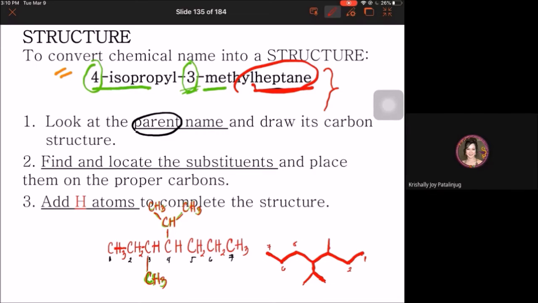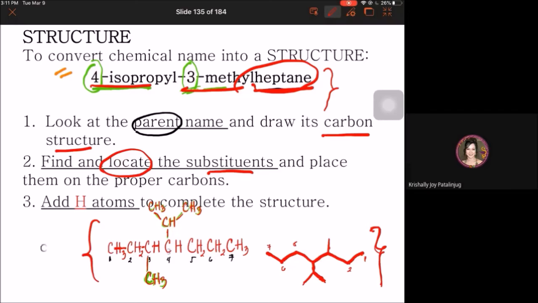Kung pila ka carbon atoms sa mismong chain sa parent, from that carbon skeleton, ilocate nimo ang mga substituents, ipang-attach ang mga gipang mention nga substituents, then dugangi og hydrogen to complete the structure. Ang pinakasayon would be the skeletal, kay dili na ka mag dugang og hydrogen kasi imaginary yung hydrogen. Yung challenging na part is yung sa condensed one.